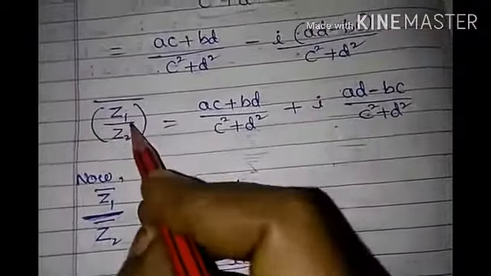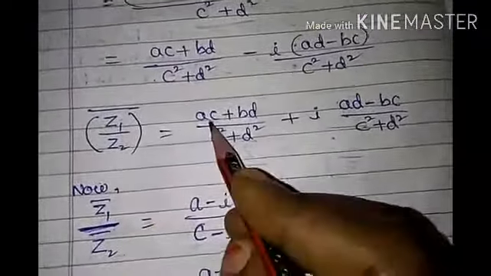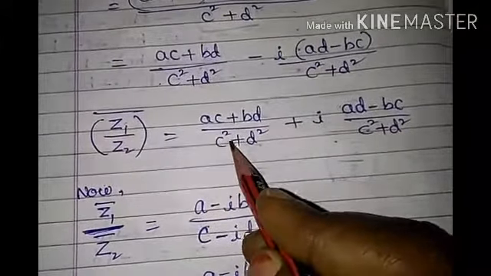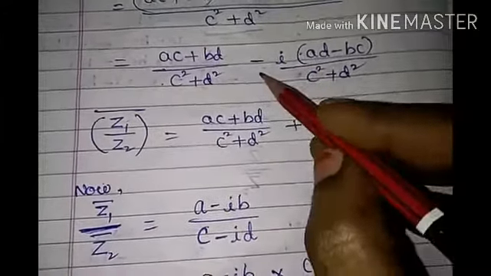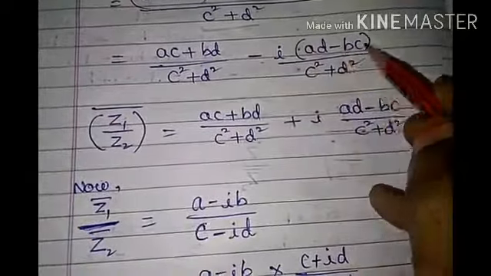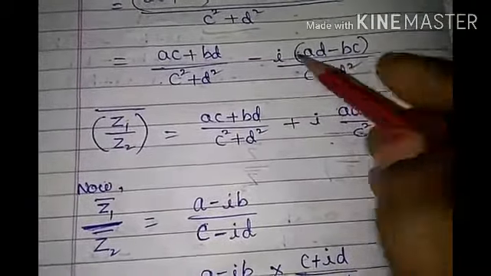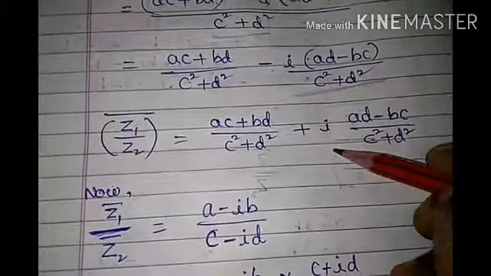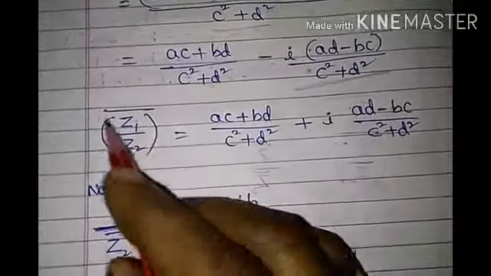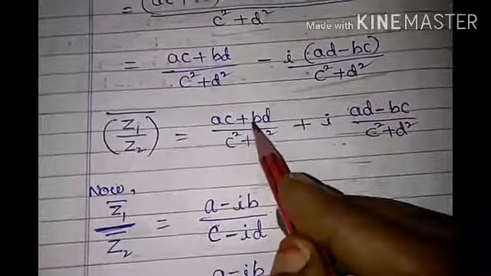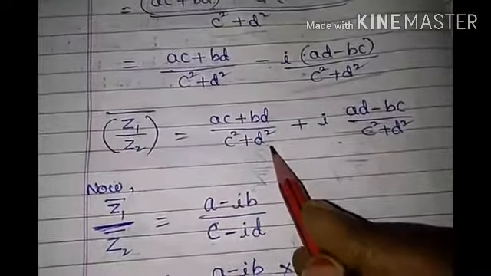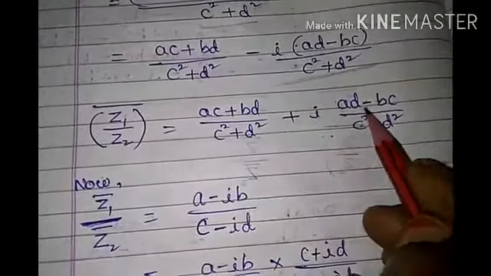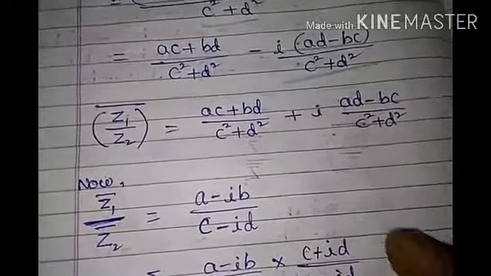Therefore, (Z1 by Z2) whole conjugate equals (AC plus BD) by (C square plus D square) minus i into (AD minus BC) by (C square plus D square) is the imaginary part. So we are changing the sign of the imaginary part. (Z1 by Z2) whole conjugate equals (AC plus BD) by (C square plus D square) plus i into (AD minus BC) by (C square plus D square).